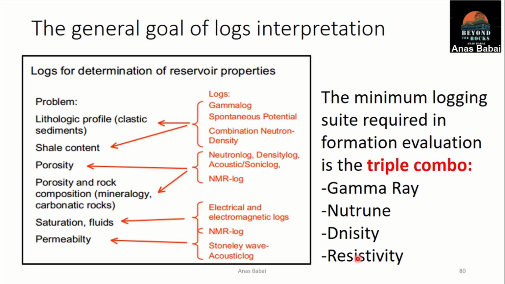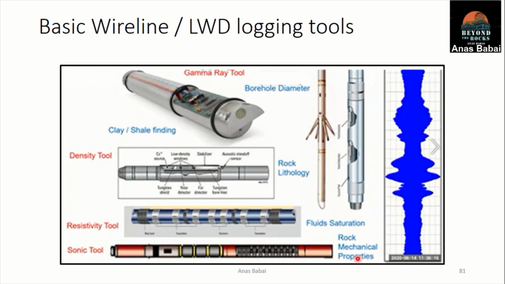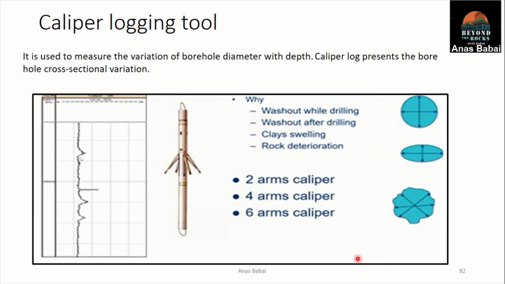If we find a log that contains those four logs, that's named triple combo, in which those logs are running together. The basic wireline log, this is a brief picture of the different types of logs and what we can get from each type of logs.